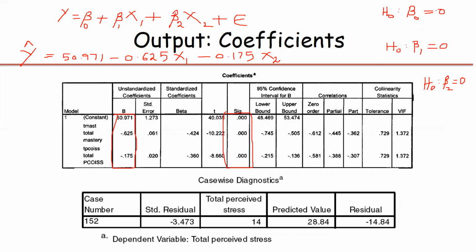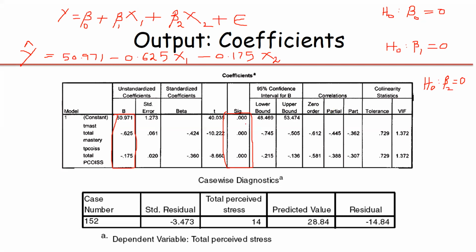We have an insignificant y-intercept. We have an insignificant slope with the mastery control. We have an insignificant control with the PCOISS. So these are the slopes, the slope with the mastery variable and the slope with the PCOISS variable. And this is not a slope, this is the y-intercept.